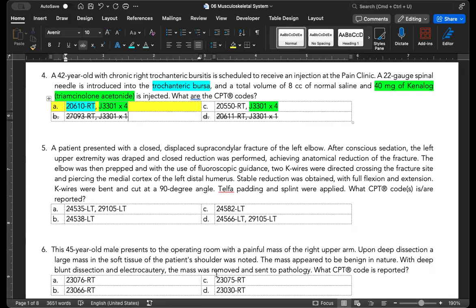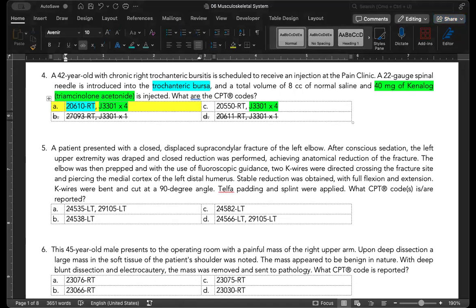The elbow was then prepped, and with the use of fluoroscopic guidance, 2 K wires were directed, crossing the fracture site and piercing the medial cortex of the left distal humerus. Stable reduction was obtained with full flexion and extension. K wires were bent and then cut at a 90-degree angle. Telfa padding and splints were then applied. So what code or codes should we report?